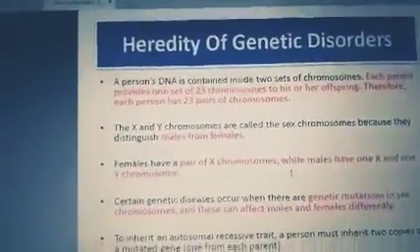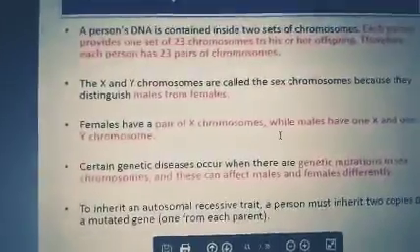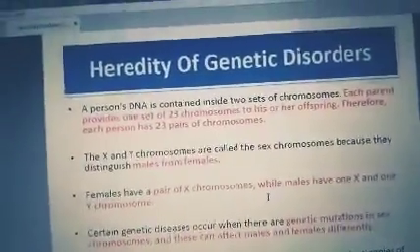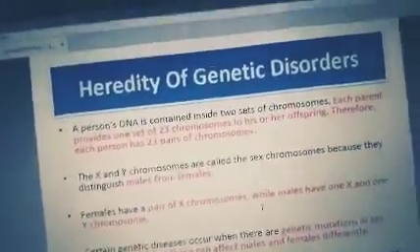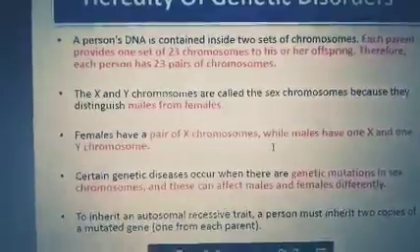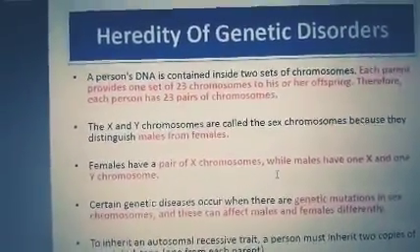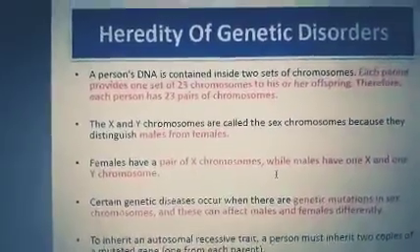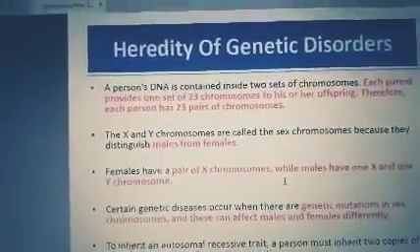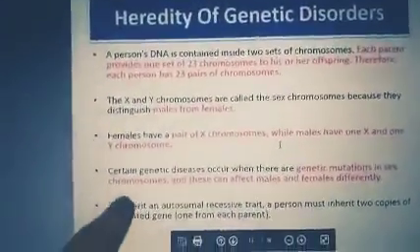Talking about human heredity of genetic disorders, a person's DNA is contained inside two sets of chromosomes. We already know that 23 chromosomes are present in a particular human cell. Out of 23 pairs, there are a total of 46 chromosomes. Of the 46 chromosomes, 22 pairs are autosomes, and one pair is the sex chromosomes, XY in male and XX in female.